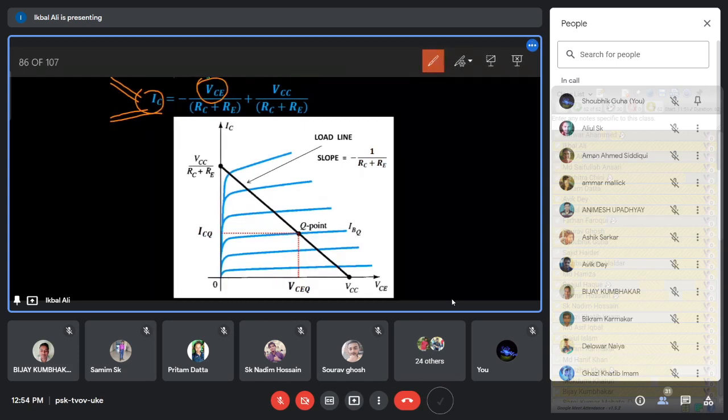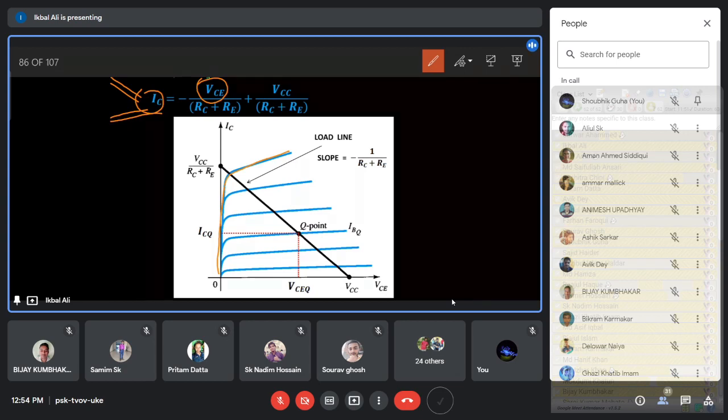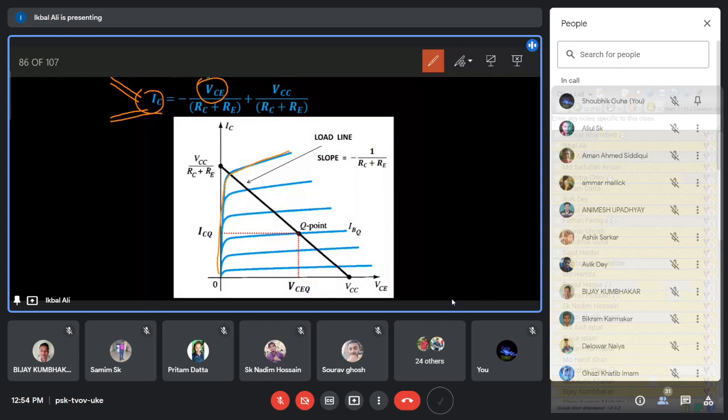So we don't mathematically solve the two equations. What we do, the transistor device equation, that is the collector current versus the VCE, is the characteristics curve. These blue characteristics curves of the transistor are actually that equation of the transistor, the collector current versus the collector emitter voltage.